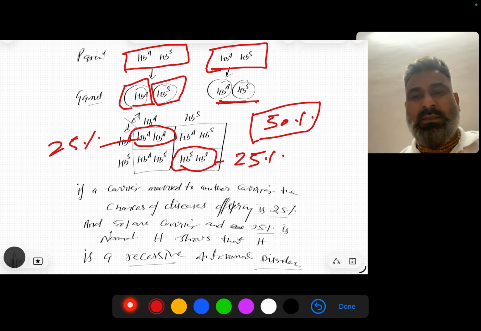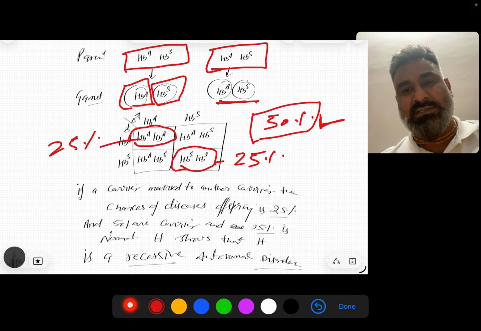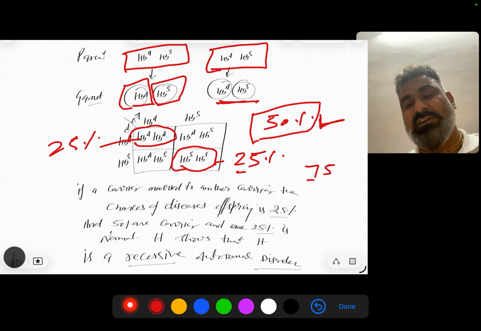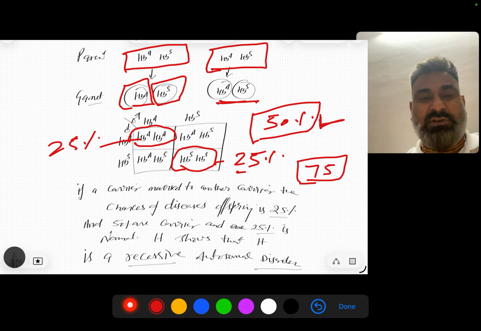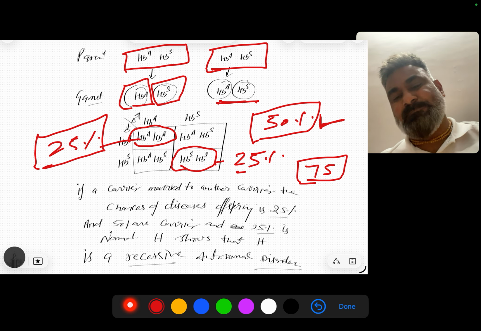Okay, and in transfer from parent to offspring, the chance of producing a carrier is 50% if a carrier is married to a normal, and if both are carriers, then the affected children are 25%, 50% are carrier and only 25% are normal.